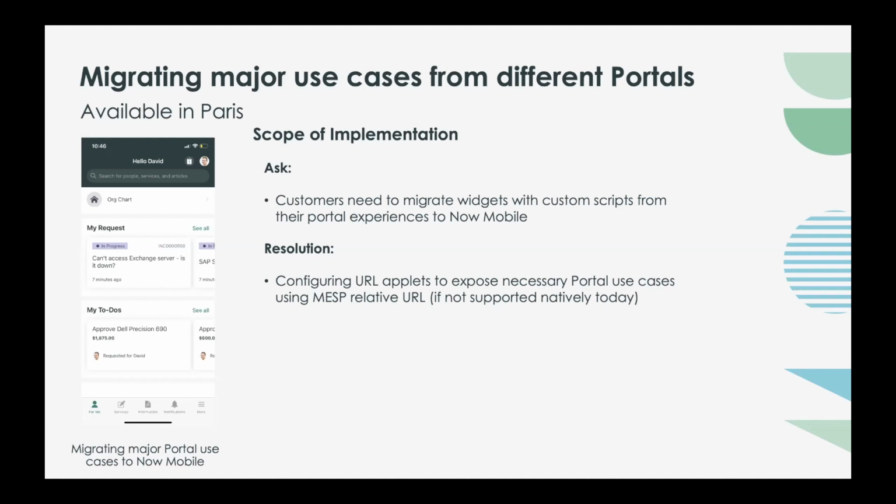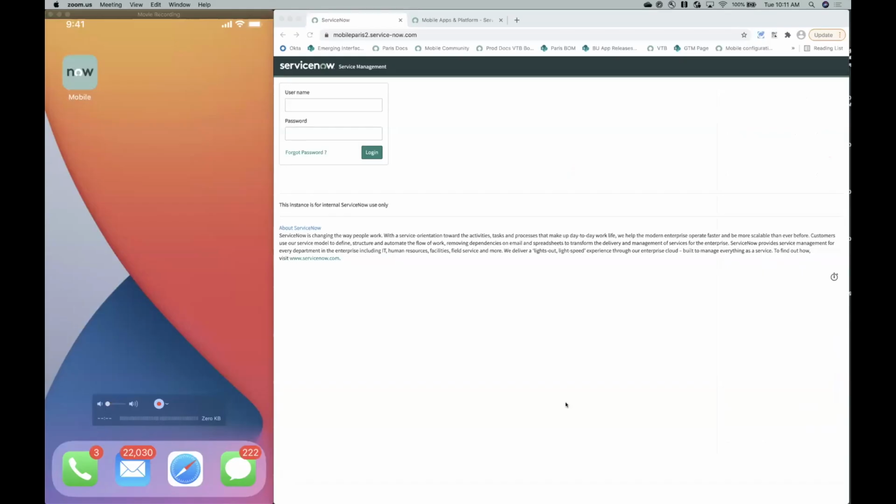So let's go ahead and jump into our instance and configure the first use case. How do we align my request for Now Mobile? So, if I had a portal for HR and a portal for IT, I would need to check Now Mobile to make sure that my employees have everything that they would need from both portals, right?